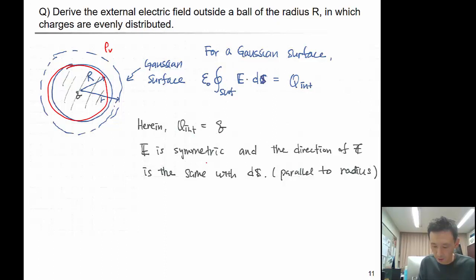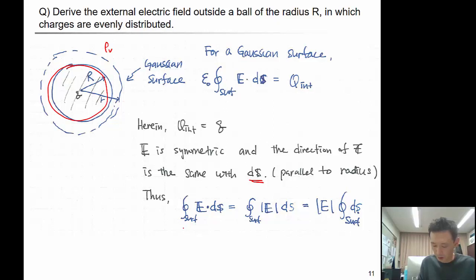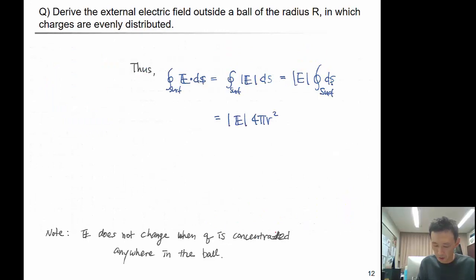E is symmetric because it's a sphere, and the direction of the electric field is the same as the normal to the surface. So you can take the absolute value of the vector E outside of the integration, and S also becomes a scalar value. The remaining term is just the surface integral of a sphere with radius r, which is 4 times pi r squared.